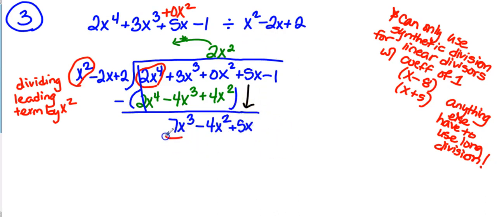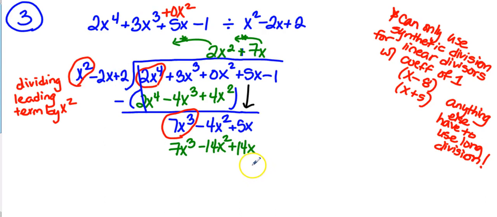Let's repeat the process. Here's my new leading term. x squared times what is 7x cubed? Answer, 7x. Multiply through. 7x times x squared, 7x cubed. 7x times negative 2x, negative 14x squared. 7x times 2, positive 14x.